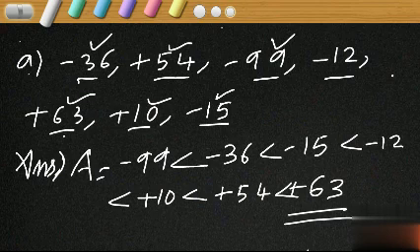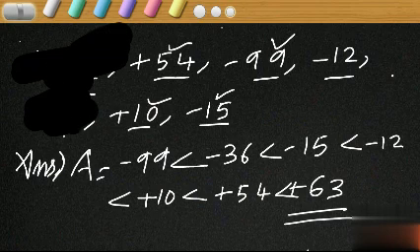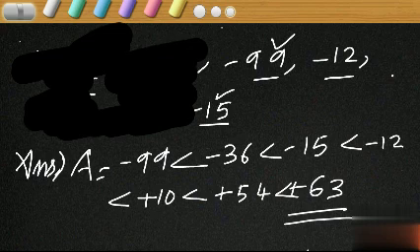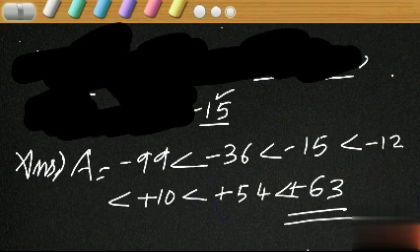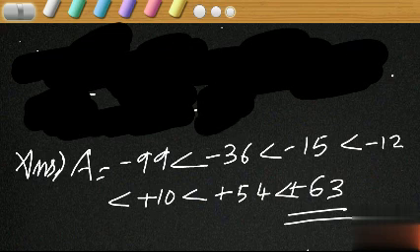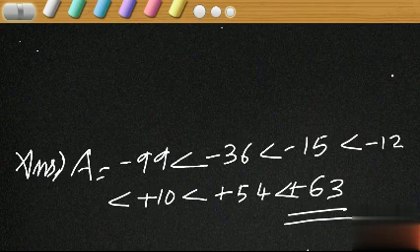Is it clear? Okay, then we have to write the descending order also. What will be the descending order? Without any doubt, we can write the descending order as just the reverse order of this ascending order, but the in-between sign should be, yes, greater than, isn't it?